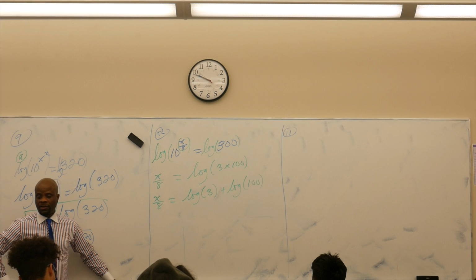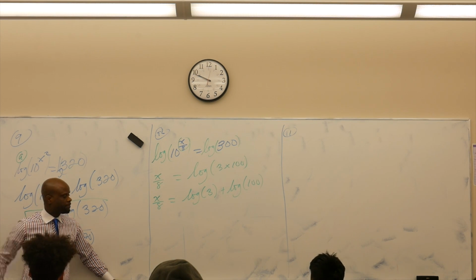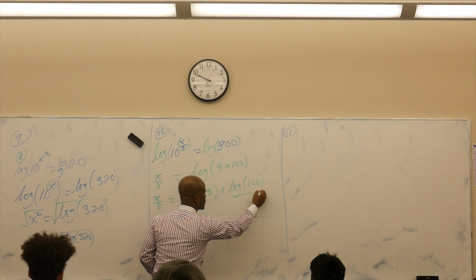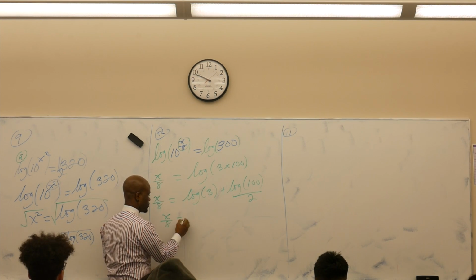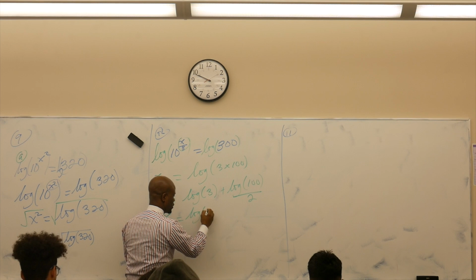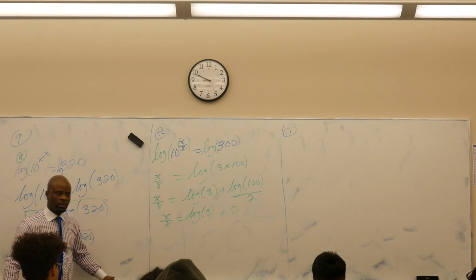Let me check if you still remember. What is the log of 100? 2. Because 10 squared is 100, right? We know what the log of 3 is from our table, but if we don't remember that, it's fine.